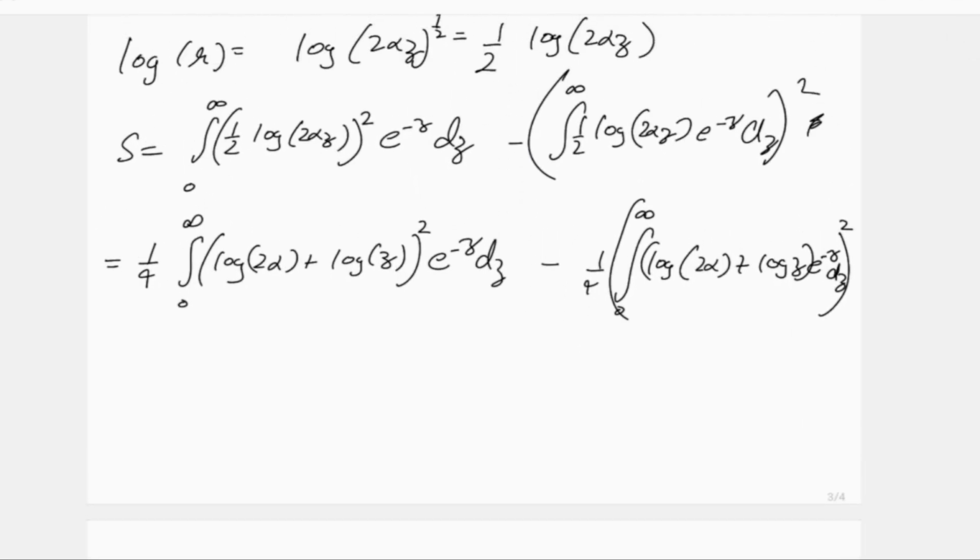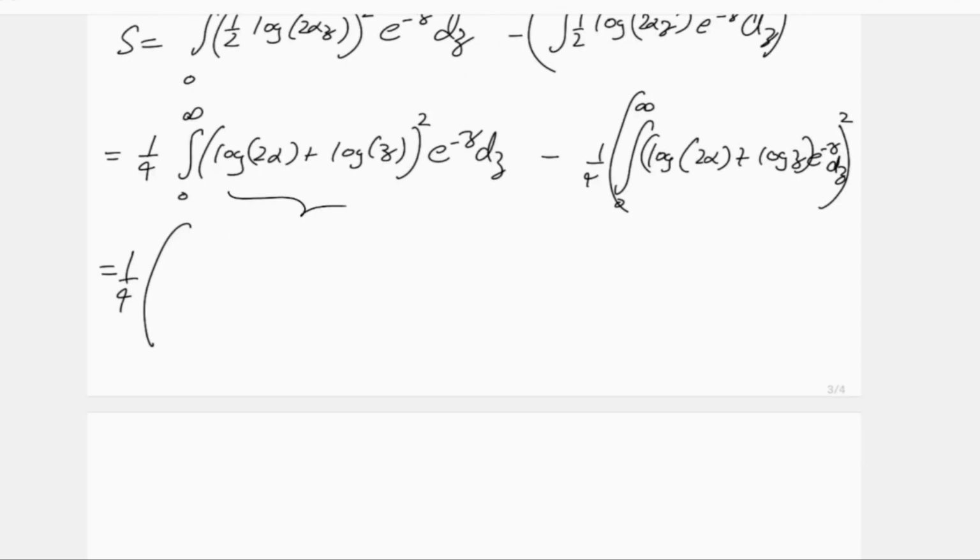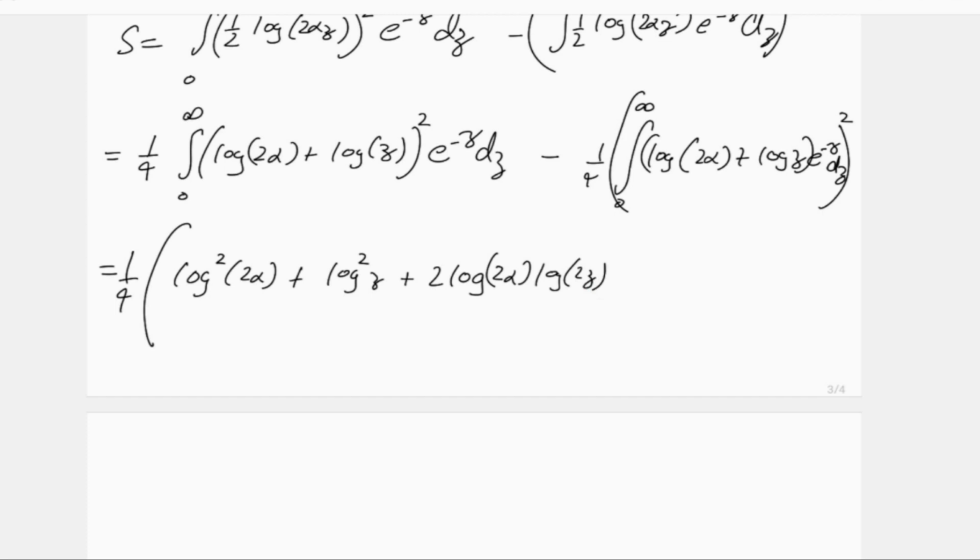Alright, I'll take the whole 1/4 out common and then expand this from a squared plus b squared plus 2ab. So that becomes log of 2 alpha squared plus log of z squared plus 2 log 2 alpha times log z, times e minus z dz.